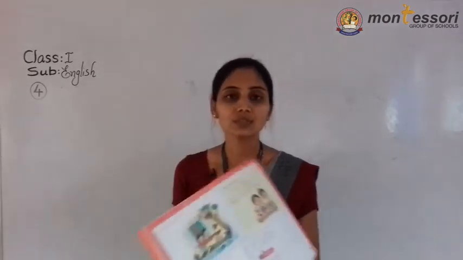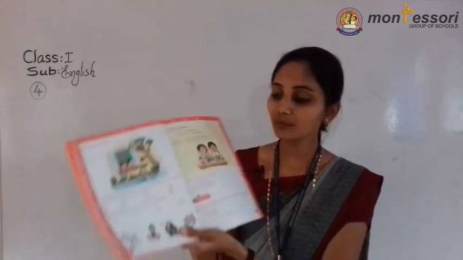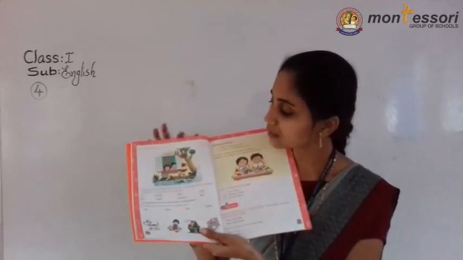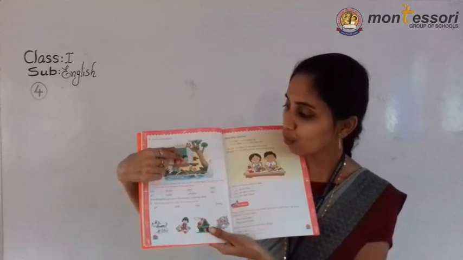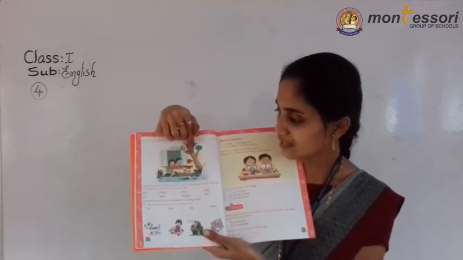What are the things you can find in this picture? Tell me. Boy, girl, tree, bird, nest.